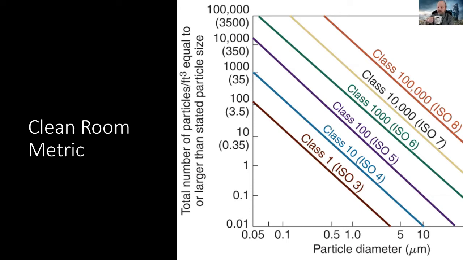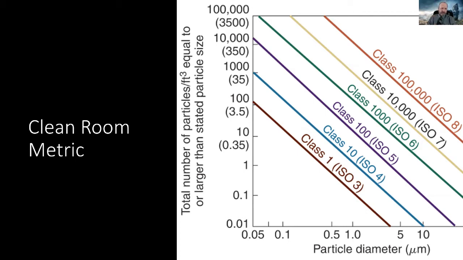So they have a slightly different way of defining it, but it directly relates to the classification scheme that the US started when we started doing clean rooms back in the, oh, I don't know, we probably were doing clean rooms back in the early 60s or so.